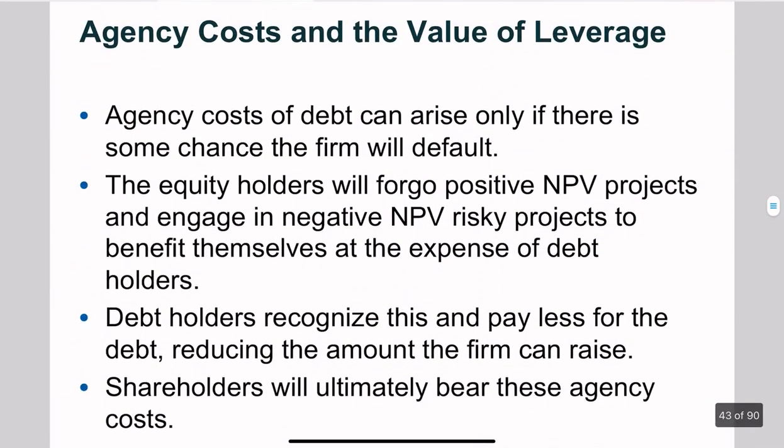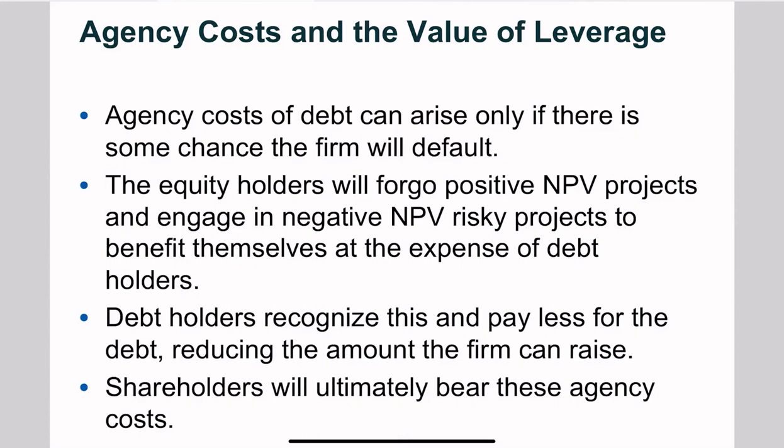Okay. So what's the fundamental reason we have this agency cost of debt? Is it really because we have debt? Well, it's not. We have agency cost of debt because there is the probability of default. So the probability of default leads to agency costs.